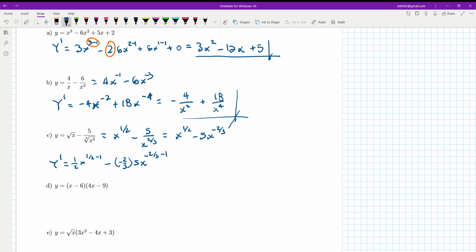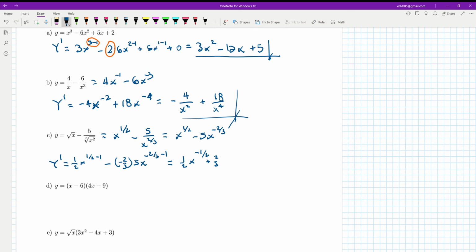We need subtraction with fractions in order to get the derivative for this. Well, 1/2 minus 1 is the same as saying 1/2 minus 2/2. And when we do that, we get 1/2 x to the negative 1/2. And then for negative times negative, that's a positive 2/3.